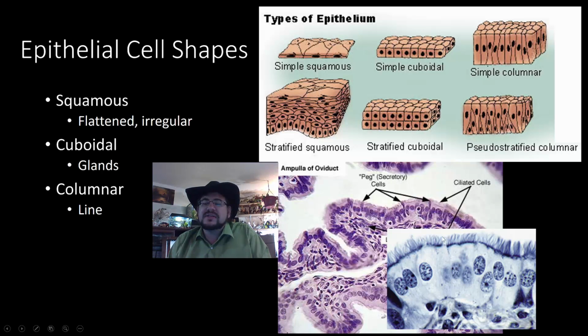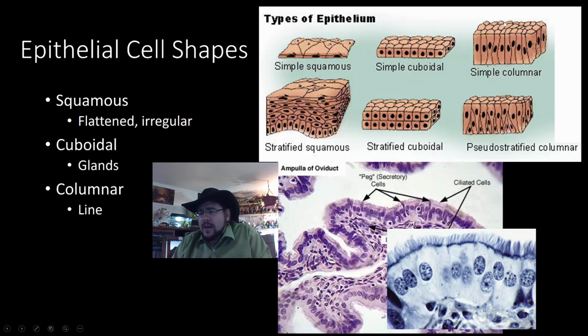And then you have this dense layer of cilia topside here. These move the fluid in the ovaries and the egg down the fallopian tubes towards the uterus. So there you go. Columnar is interesting. We know it's columnar because it's longer than it is wide.